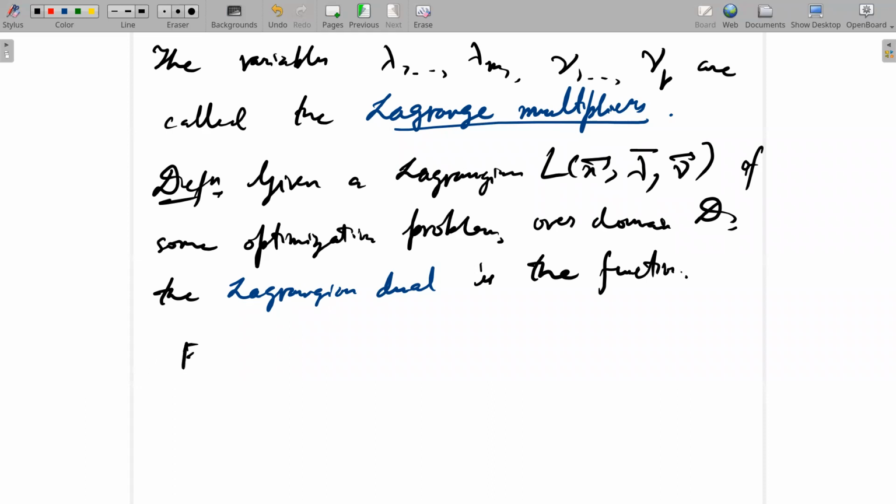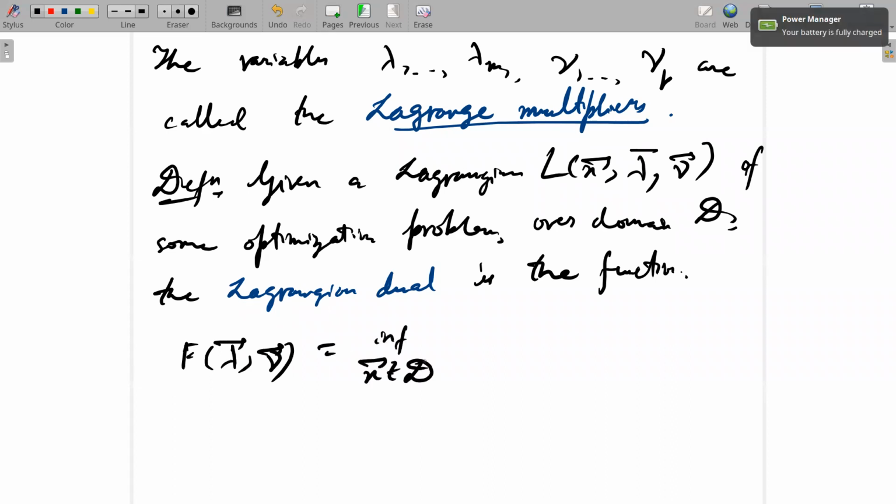It is defined in the following manner: g of lambda, nu is equal to the infimum over the domain D of L(x, lambda, nu).